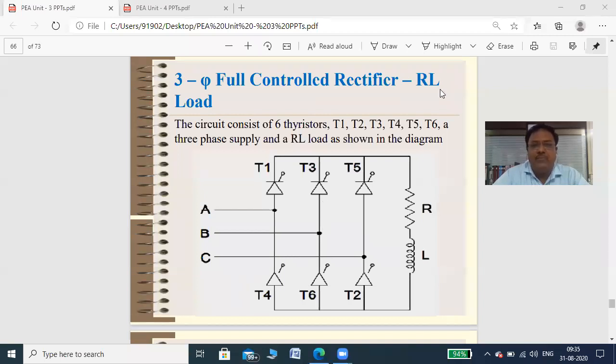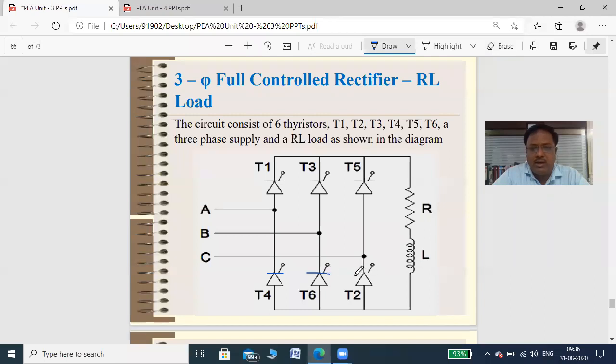But before that, I will just ask you about what we saw in the last lecture. This is basically a diagram, maybe a wrong diagram actually, because these are not SCRs.